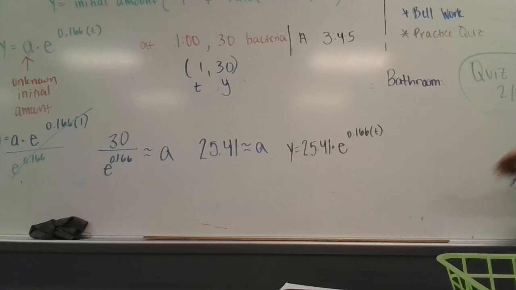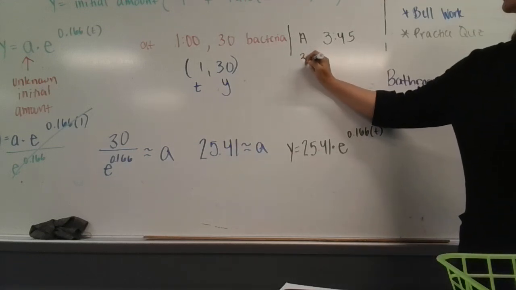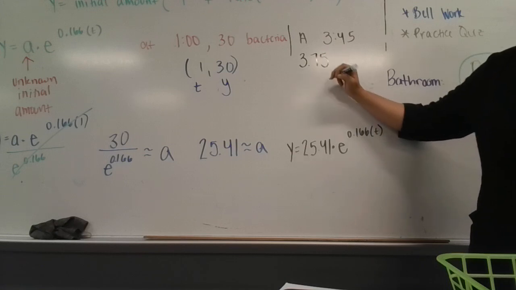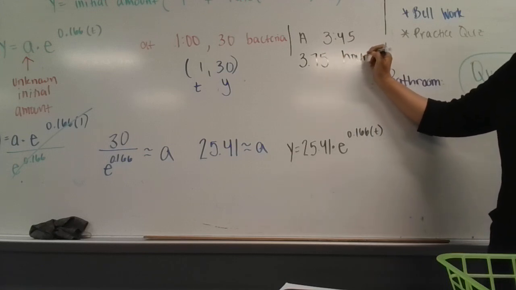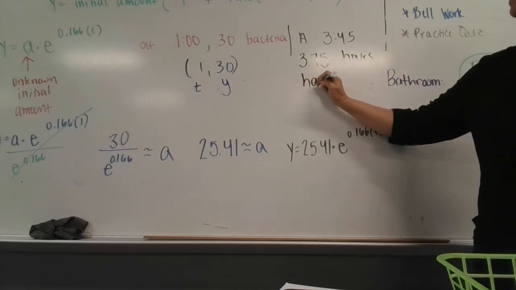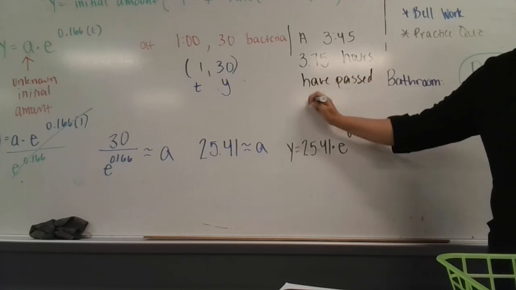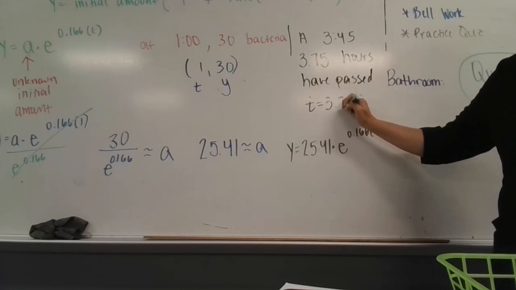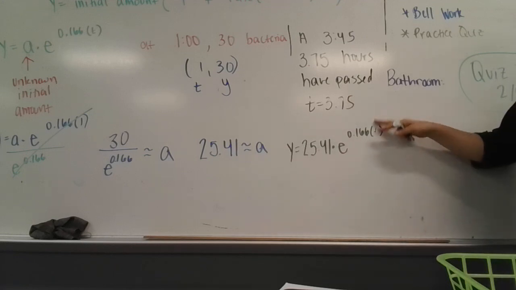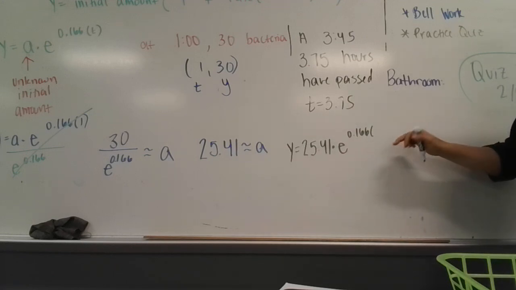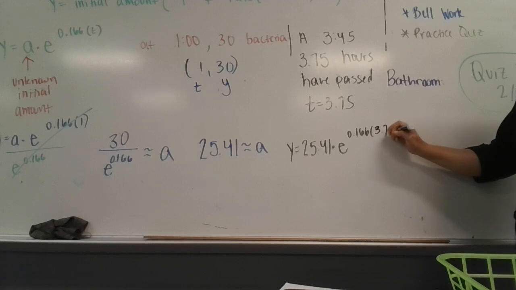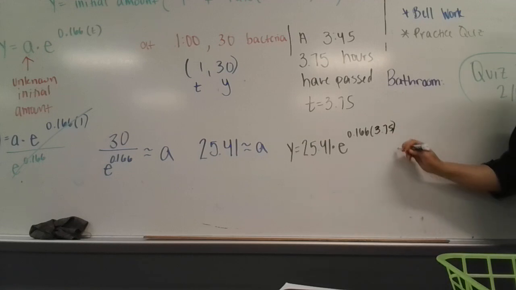However, 45 minutes is 75% of an hour. So 3.75 hours have gone by. We're going to do t equals 3.75, and then we're going to finish this question off.